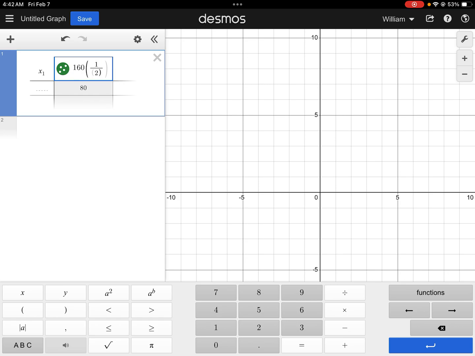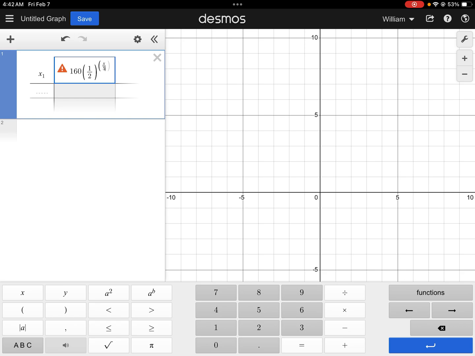Close that parenthesis. Whoops, I've got to close the parenthesis after I get out of the fraction. Then I'm going to hit my exponent key. Then I'll do fraction because my exponent is going to be a fraction. I'm going to say x divided by 5.